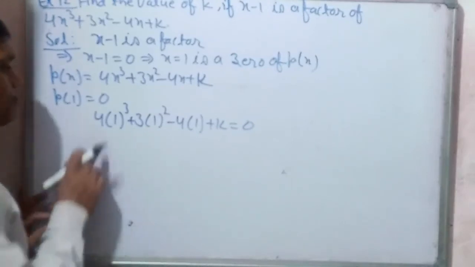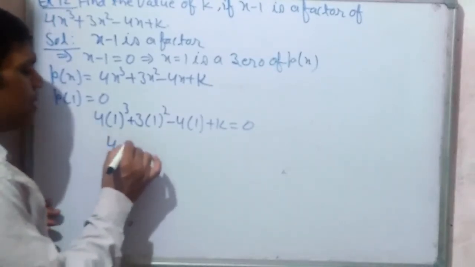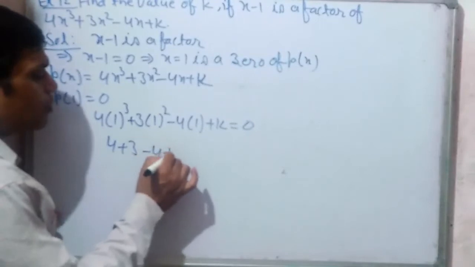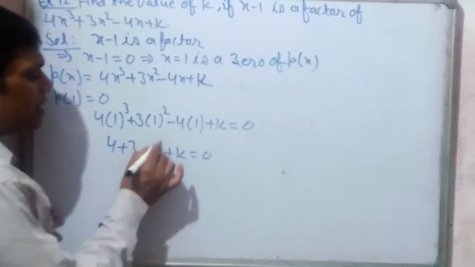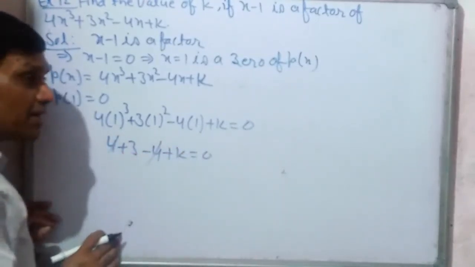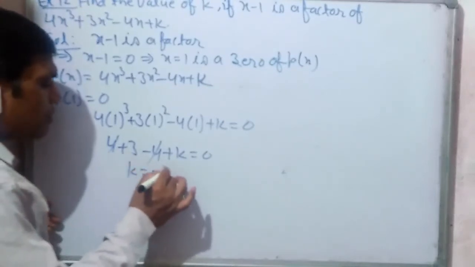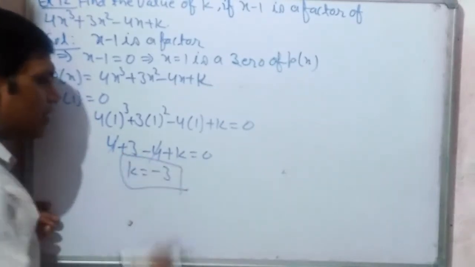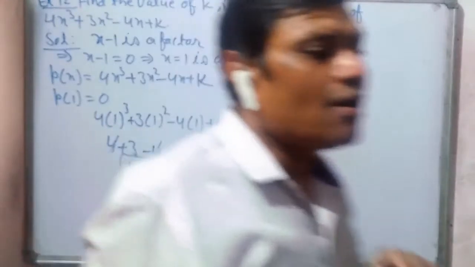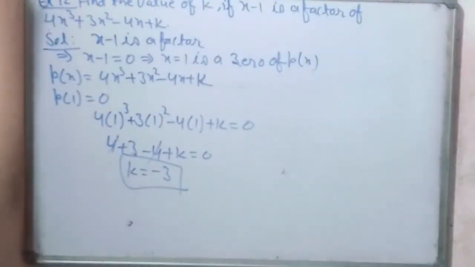Solve it out. We have 4 plus 3 minus 4 plus k equals 0. 4 cancels, and k comes out to be minus 3. This way we are able to find the missing term in any polynomial if we are given one of its factors.